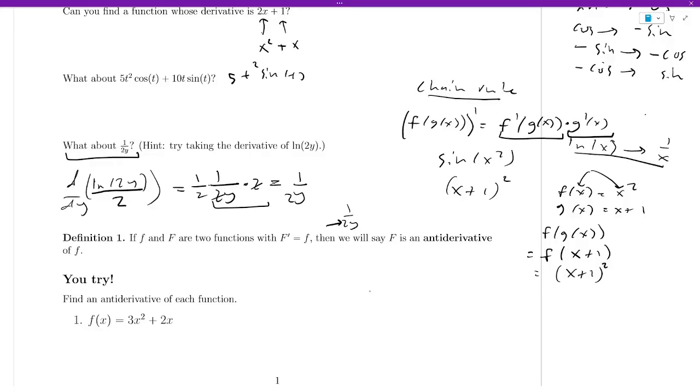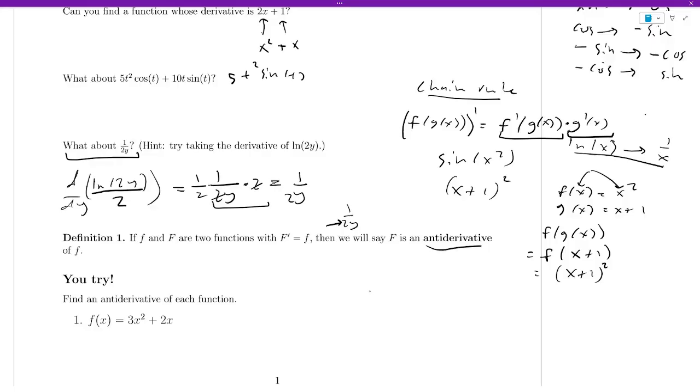Okay, so just a little vocab here. All we've been doing is thinking of a function whose derivative happens to be some particular function. So the word that we're going to use is antiderivative.